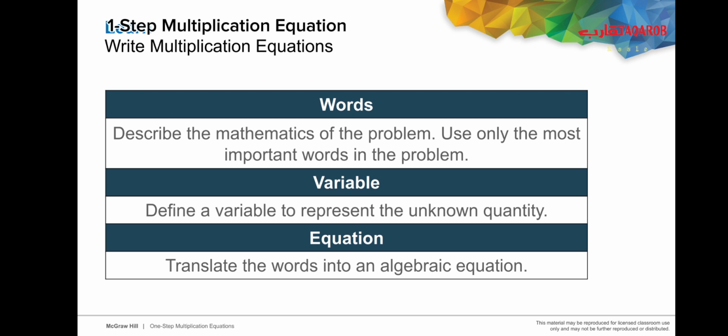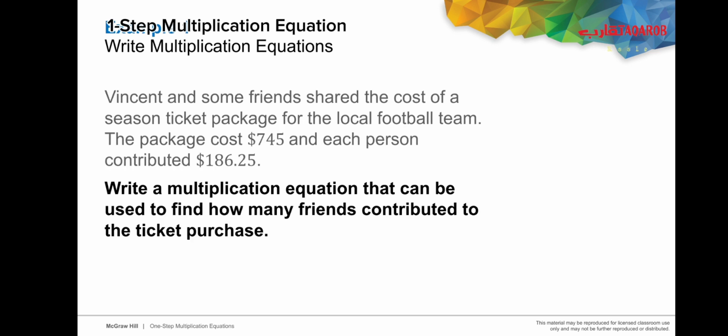You can use any letter you want to represent the unknown quantity. After that, I will translate the words, using the variable to represent the unknown quantity, and then write the algebraic multiplication equation.